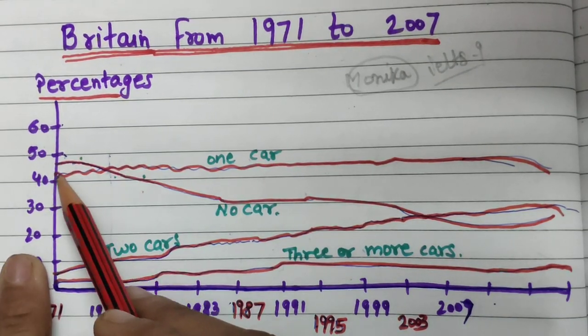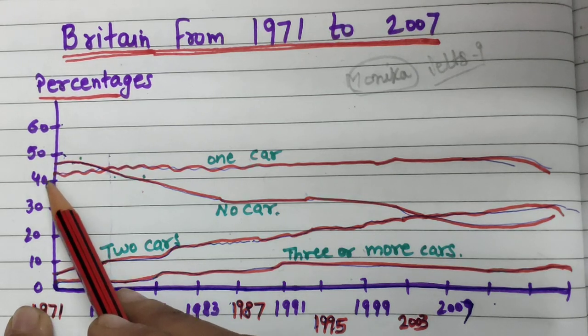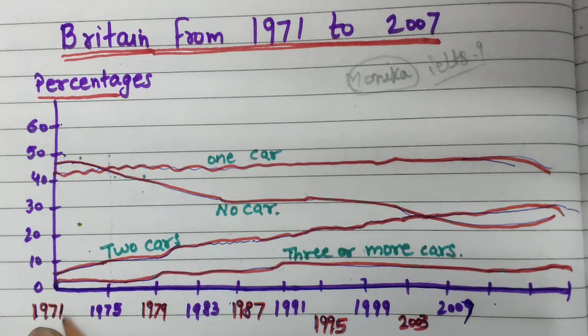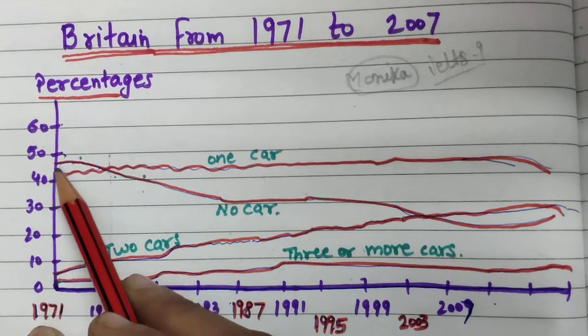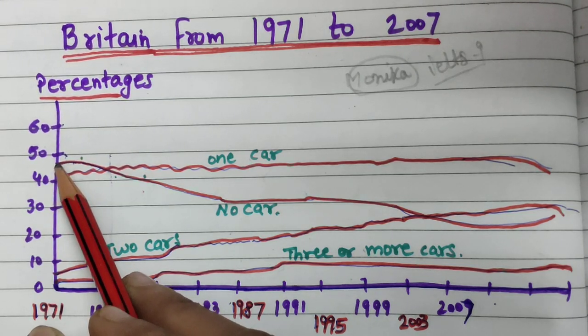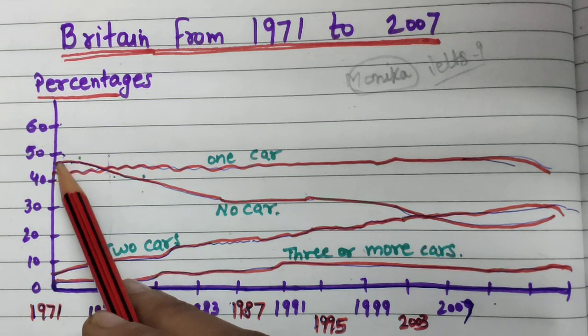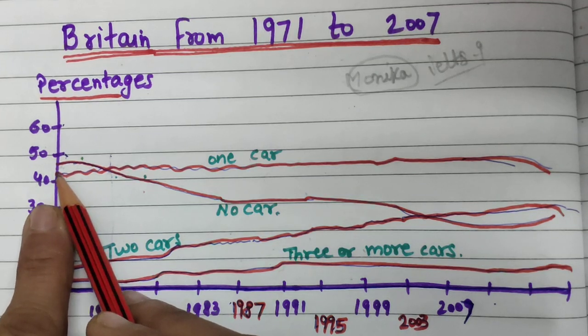So here these 2 lines are starting from the highest point, like this one is at the highest in 1971. Okay, so around 47%, or 48% you can say, you can just give approximately 48 or 47%, and here you can say just around 45%.